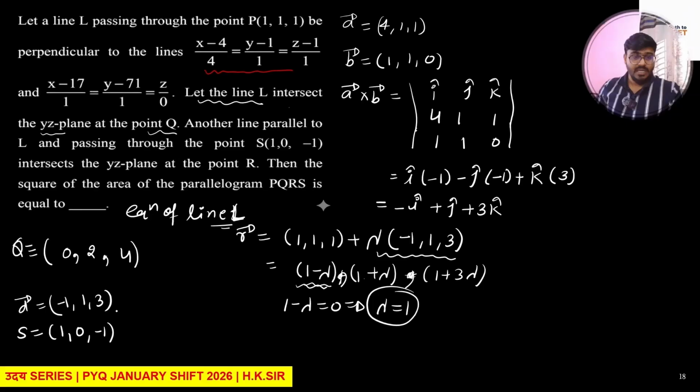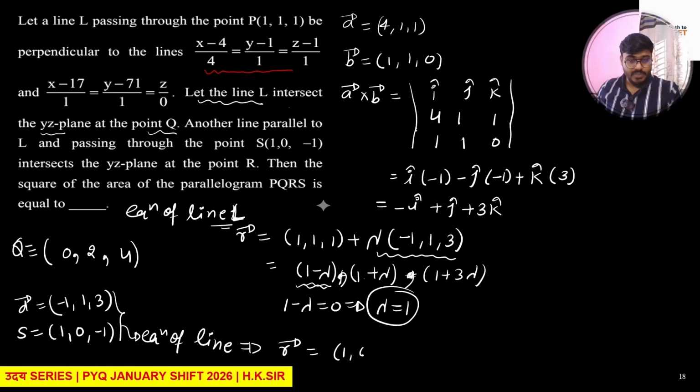So can you tell me the line? Yes, using these two we can write the equation of line: r vector equal to a vector, meaning point 1,0,-1, plus mu times the direction vector -1,1,3.